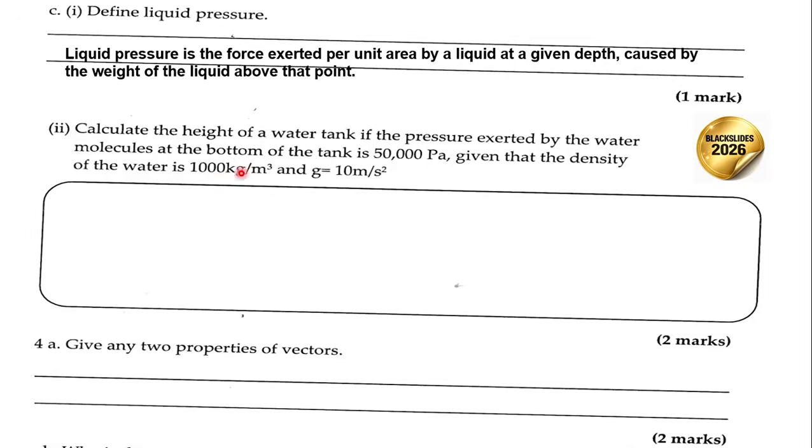So here we are given data which we need to use. We have pressure of 50,000 pascals, which is the same as 50 kilopascals, and the density of 1,000 kilograms per cubic meter. The acceleration due to gravity G of 10 meters per second square. So we are asked to calculate the height of the water tank.